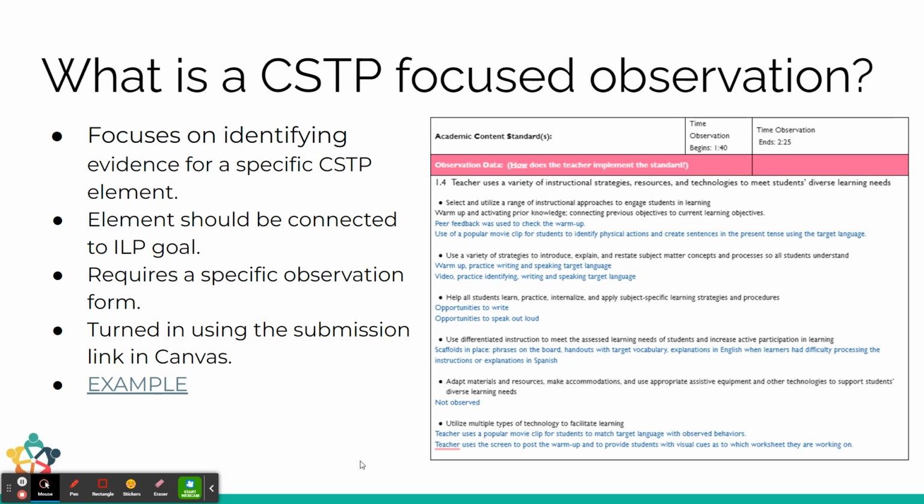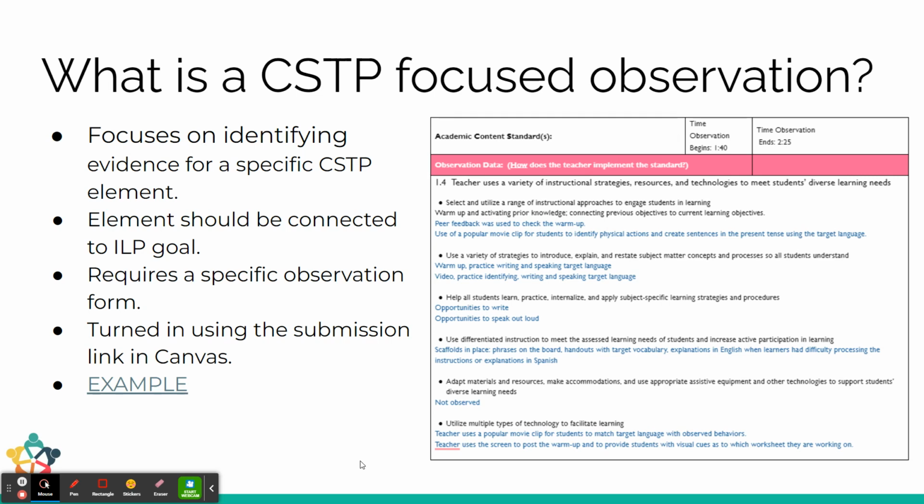However, it is possible to do a scripted observation where you're focused on a particular practice for a teacher as part of their evaluation work. And then using the same scripted observation notes, you can lift out evidence that you can use to fill out one of these CSTP focused observation forms.